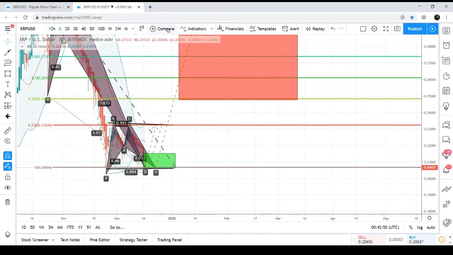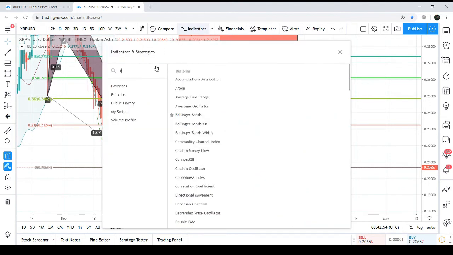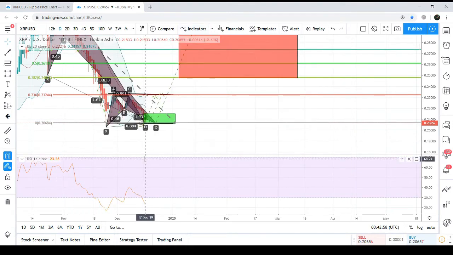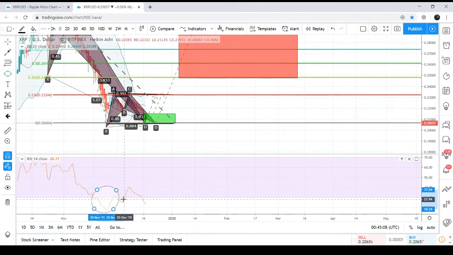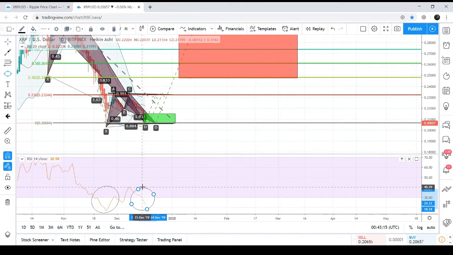And if we see the RSI, the Relative Strength Index, then we can see RSI has already entered the oversold zone for the second time. The first time it entered was on 25th of November, and this second time it entered on 15th or 16th of December.